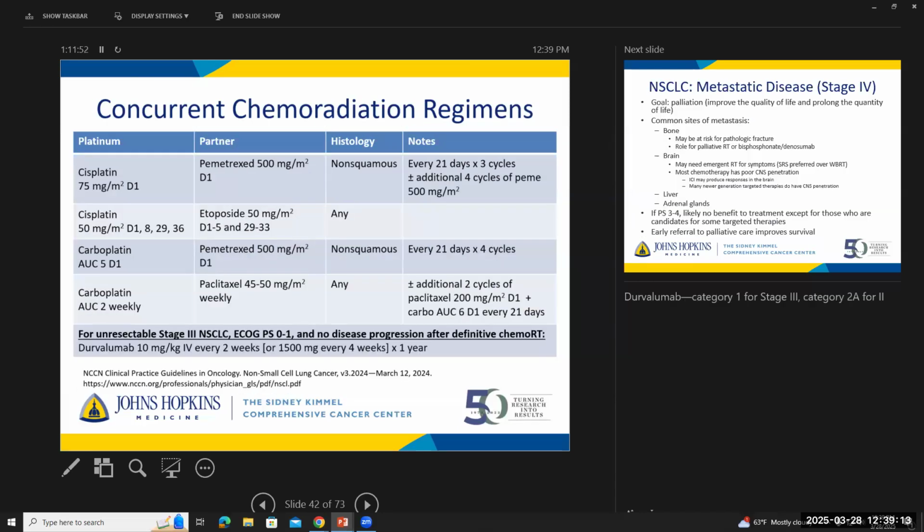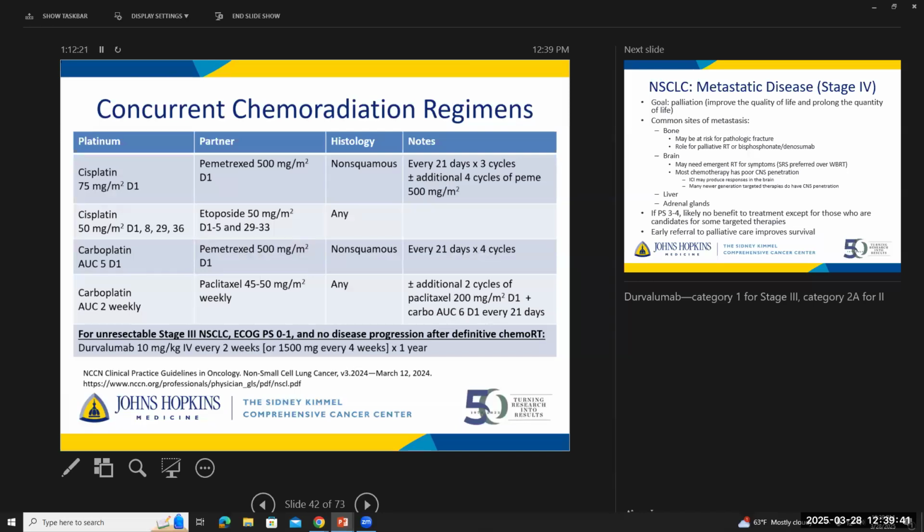We have more limited scope here with pemetrexed, etoposide, paclitaxel. Again, we are not giving pemetrexed to patients with squamous histology, okay? So if the question was a little bit different and it was asking about which regimen is most appropriate for a patient with stage 3 unresectable squamous non-small cell lung cancer about to undergo chemotherapy and radiation, you shouldn't be picking pemetrexed.